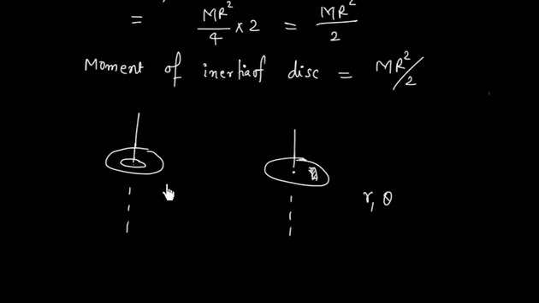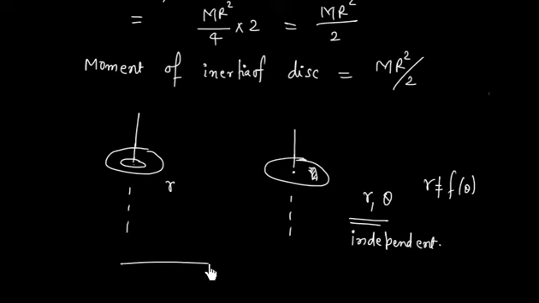But in the first case we are working in one variable, that is r. Now these two variables are independent, that is, r and theta are not functions of each other. So r is not a function of theta. So these two variables are independent, and we can integrate separately to get the overall moment of inertia.